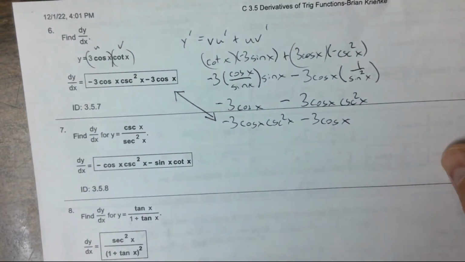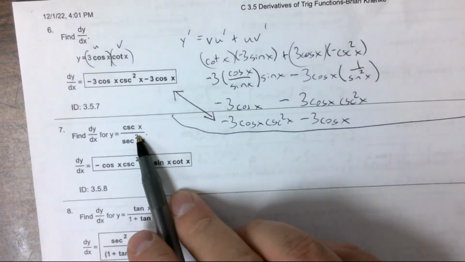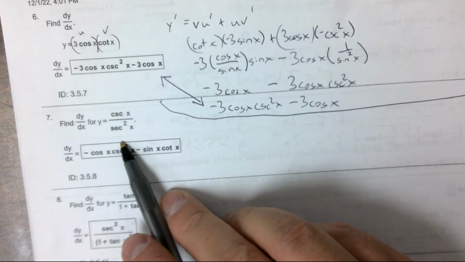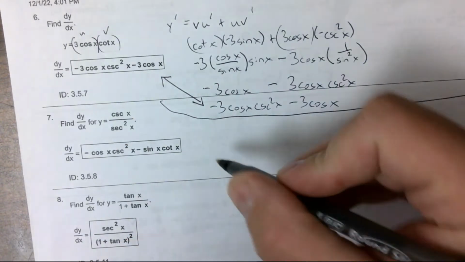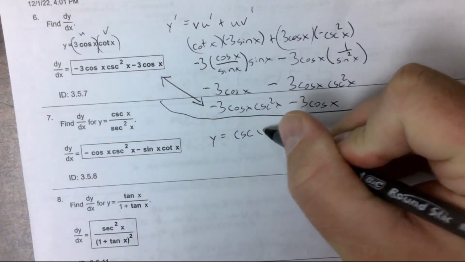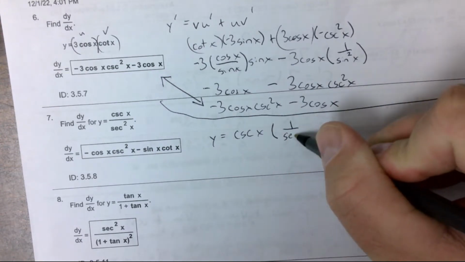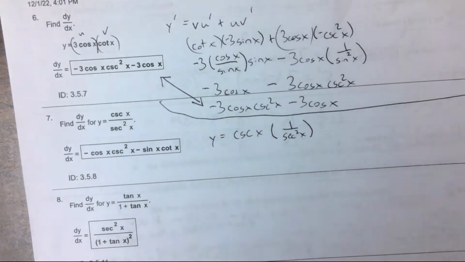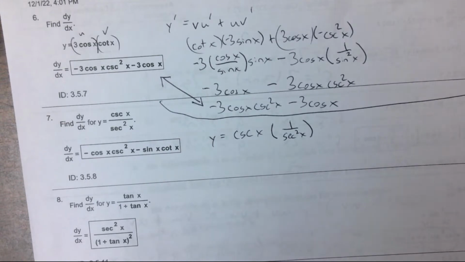Okay, on our next one, we have cosecant divided by secant squared. What I'm first going to do is write that as cosecant x times 1 over secant squared, because those are equivalent. Before I do any derivative, I want to see if I can simplify or cancel out anything.